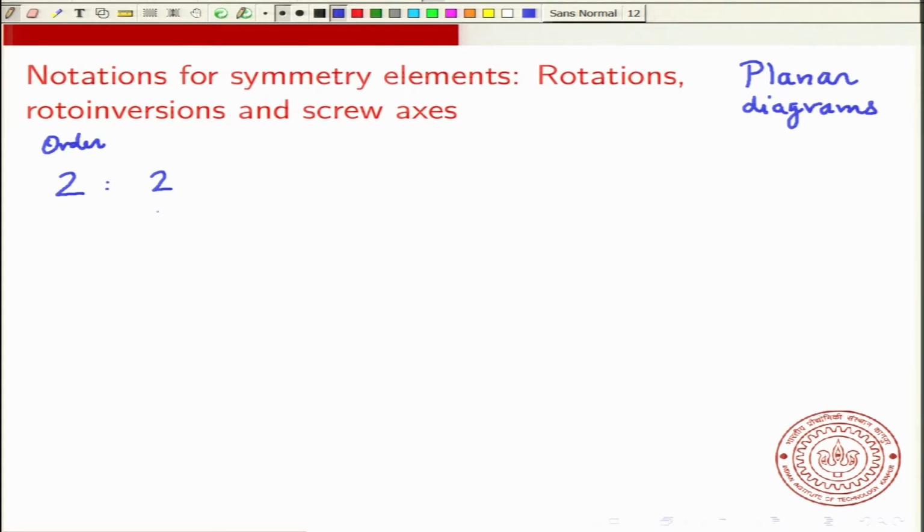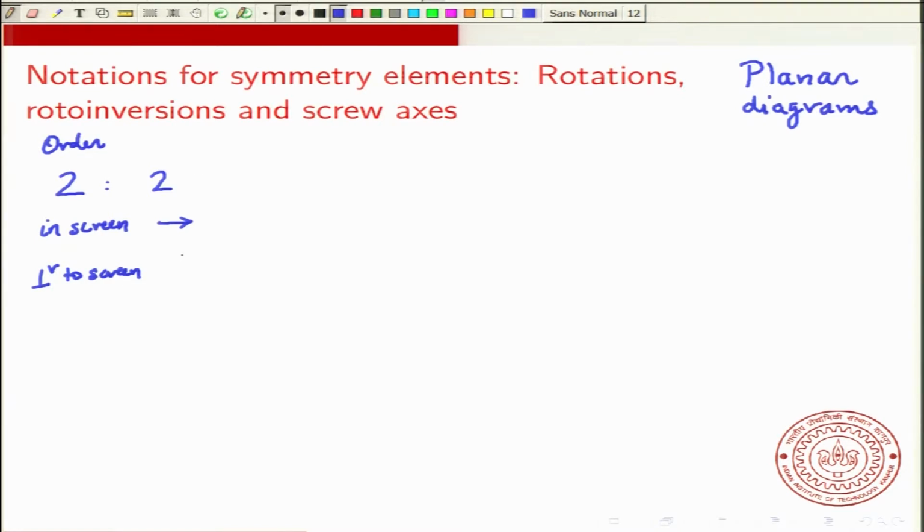Then the notation that is used: you could have a two rotation either in the screen, or perpendicular to the screen. Now if it is in the screen, a twofold axis of rotation that is in the screen is shown by this arrow, a line with an arrow. So that represents a twofold axis of rotation that is in the page.